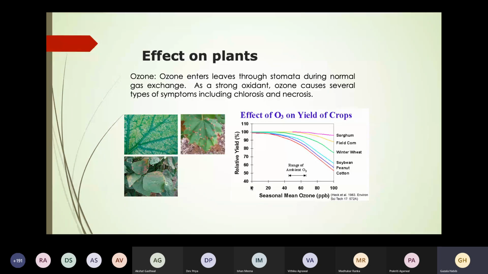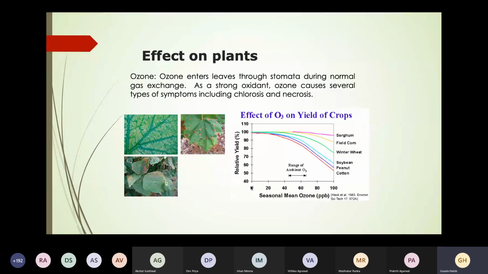So now what is the effect of this pollution on various creatures, including humans and plants and other ecological creatures. We will focus on plants and humans and even the monuments, structures or buildings.